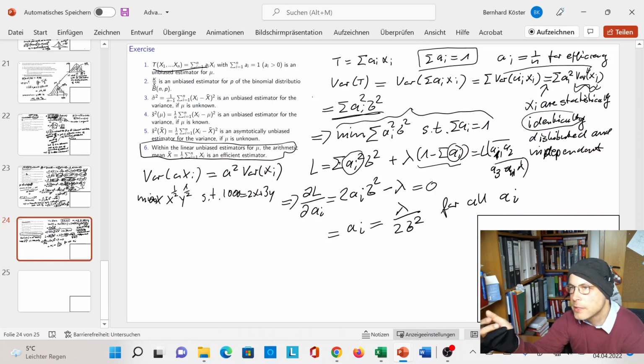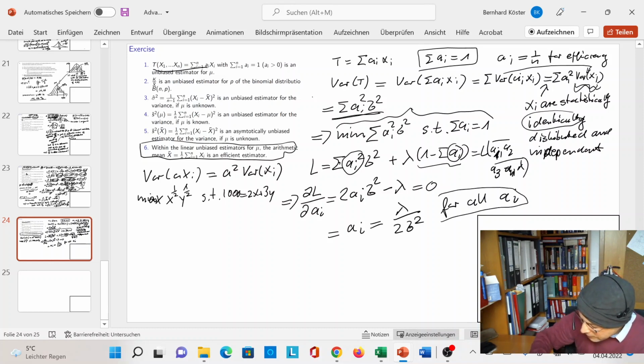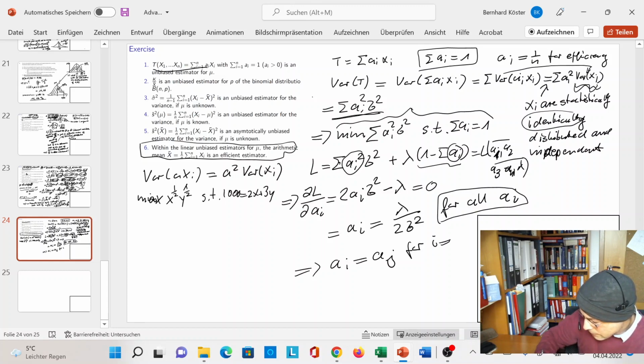And we know that this has to be the case simultaneously for every parameter a_i. So from this, we obtain a_i equals a_j for all i not equal j.